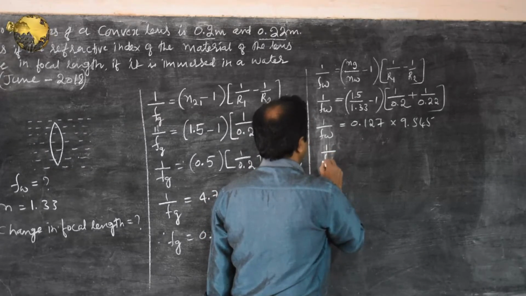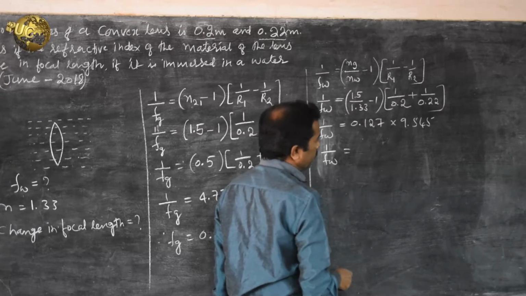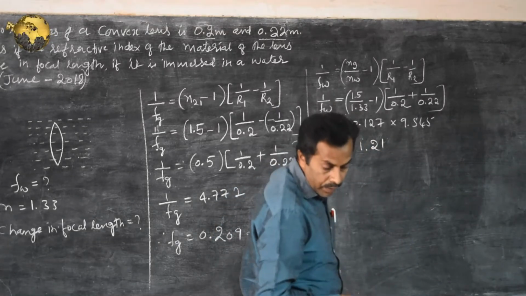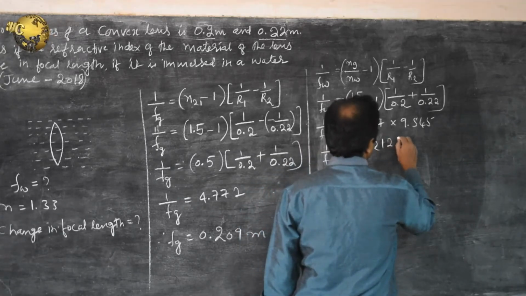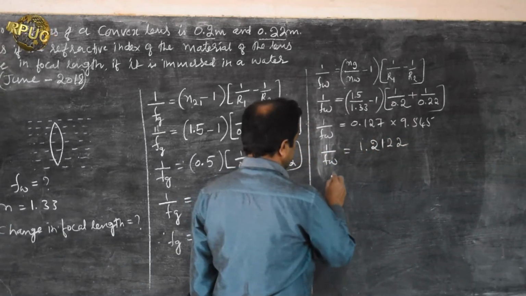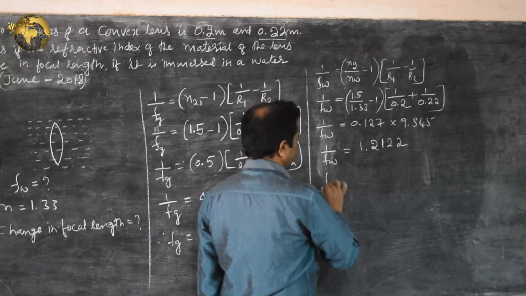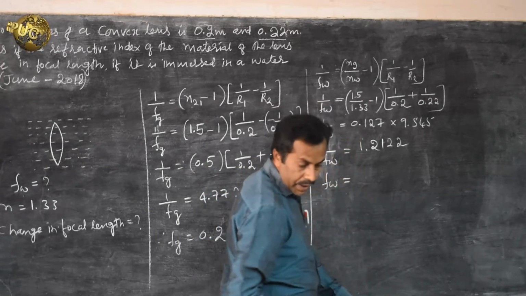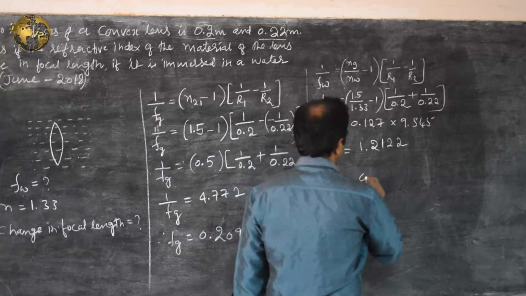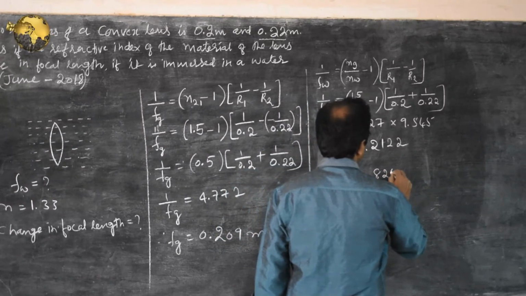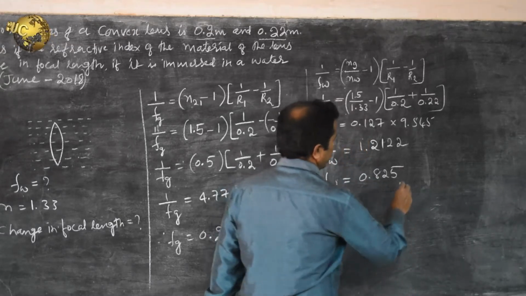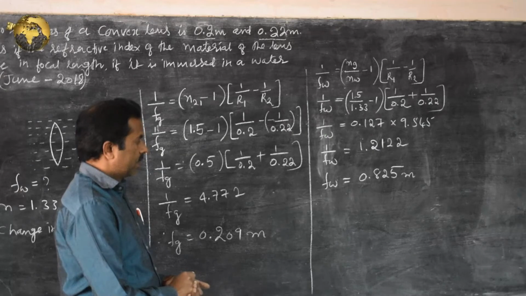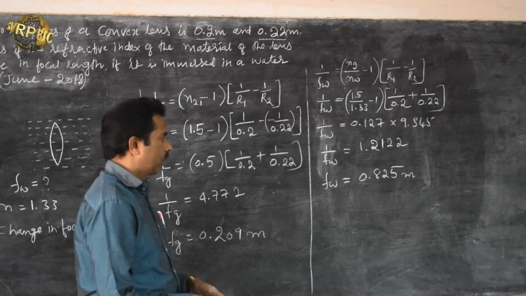So 1 by Fw is equal to 1.21. Now let us take the reciprocal. Therefore Fw is equal to 0.825 meter, which is the focal length of the lens system immersed in water.